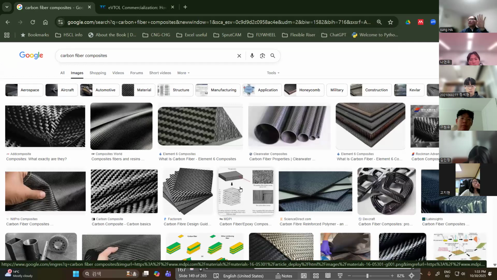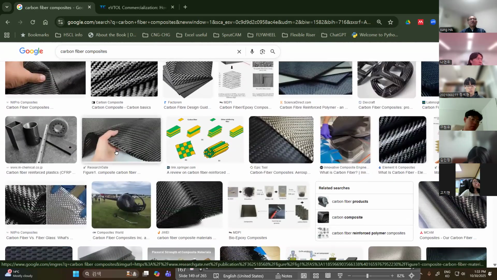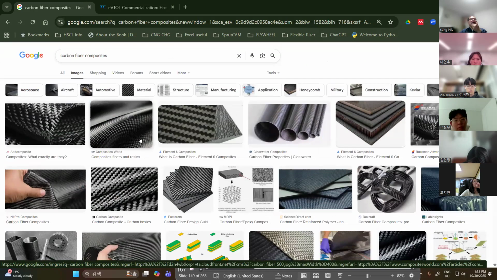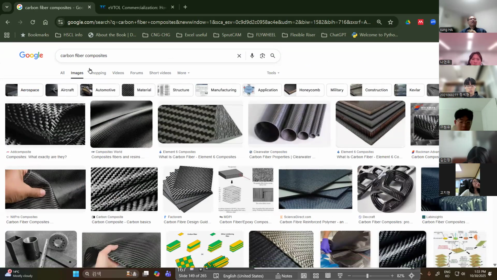Metal structure is no longer widely used, mainly only for very special structures. Carbon fiber is very light, and really in the future all kinds of structures will be made of carbon fiber composites.